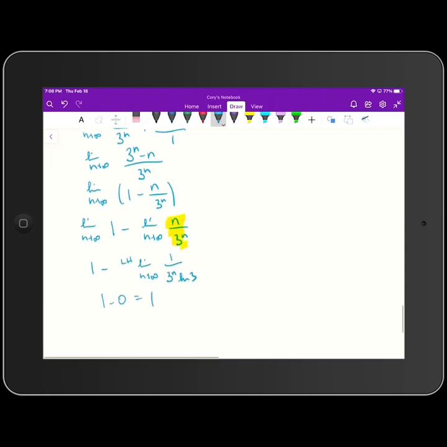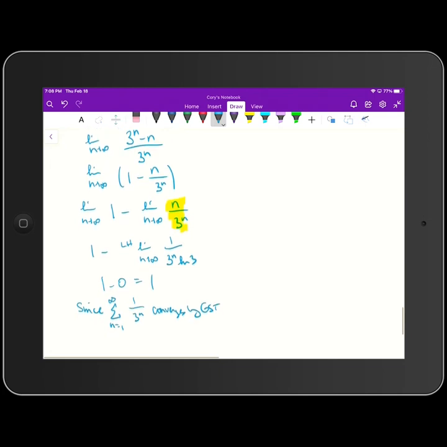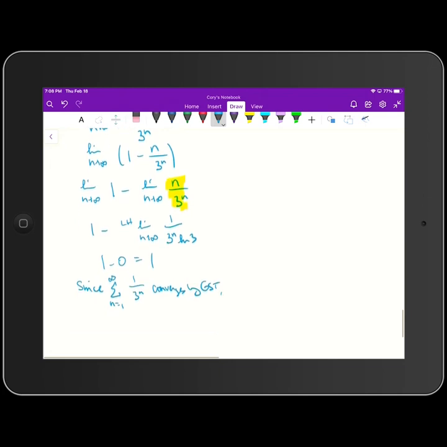Since the sum from n equals 1 to infinity of 1 over 3 raised to the n power converges by the geometric series test, which we're going to abbreviate as GST, then the given series, the sum from 1 to infinity of 1 over 3 to the n power minus n, also converges by the limit comparison test, which we're going to abbreviate as LCT.